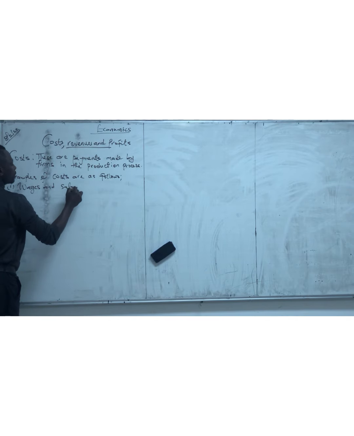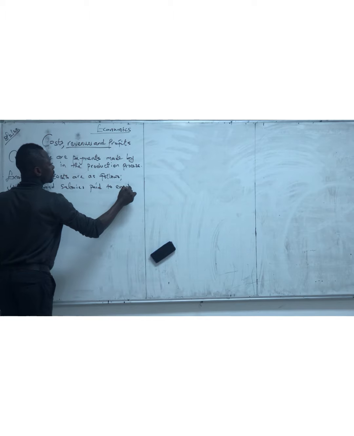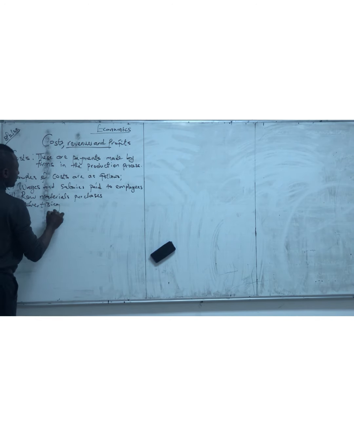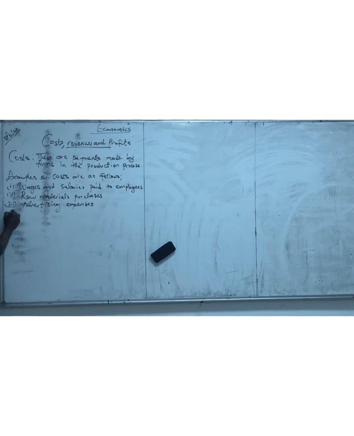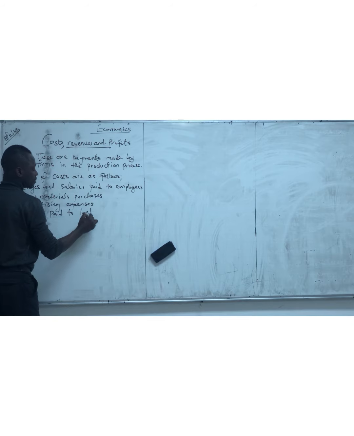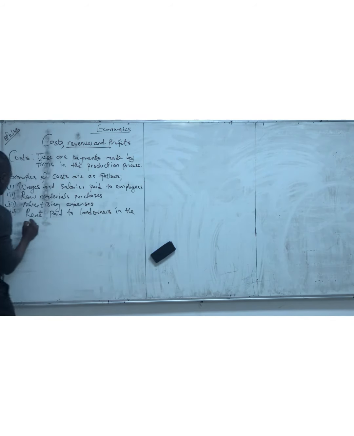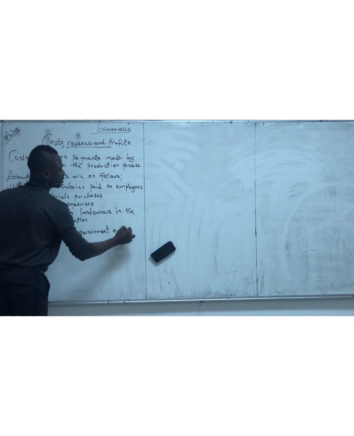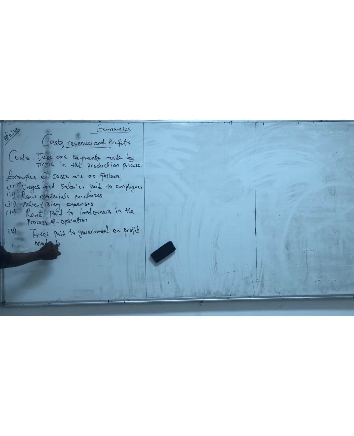Wages and salaries paid to employees, raw materials purchased, advertising expenses, rent paid to landowners in the process of operation, taxes paid to government on profits made by firms.